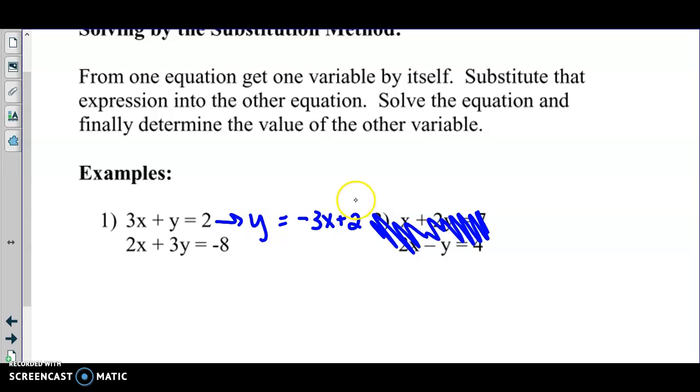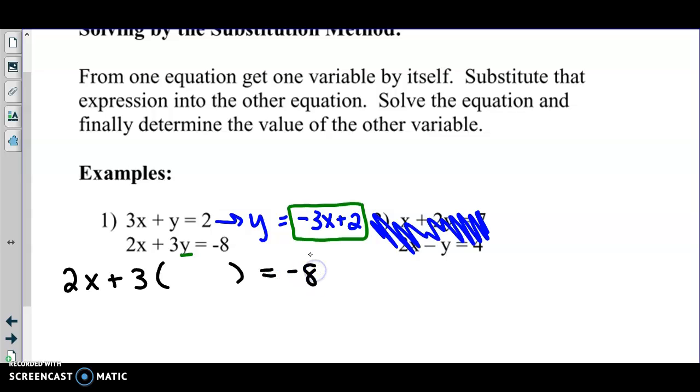I am a creature of habit. I always do this. I box what y equals, and I underline where y is in the other equation. That's step 1. Step 2, rewrite equation number 2 with what y equals in the first equation. So I am plugging in that -3x plus 2 in for y.